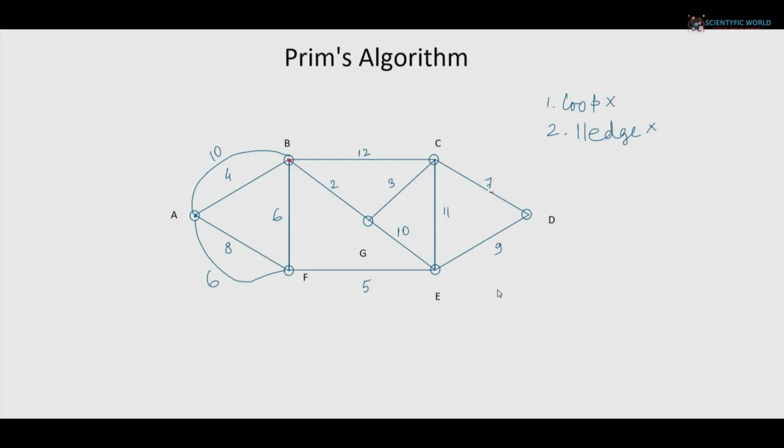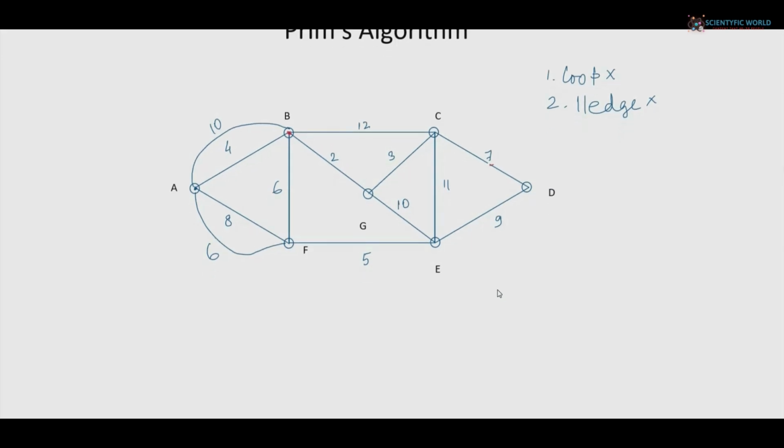Now you may ask which one to remove. We have to remove the parallel edge which has more weight. That means in this one from A to B, this edge has more weight, and from A to F we have this one edge which has more weight. So when we remove the parallel edge from A to B, we will remove this one.